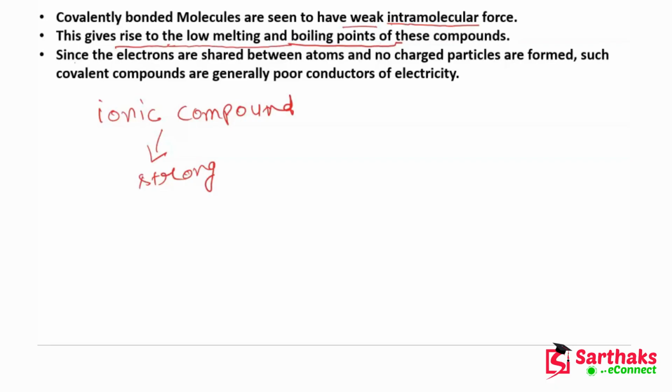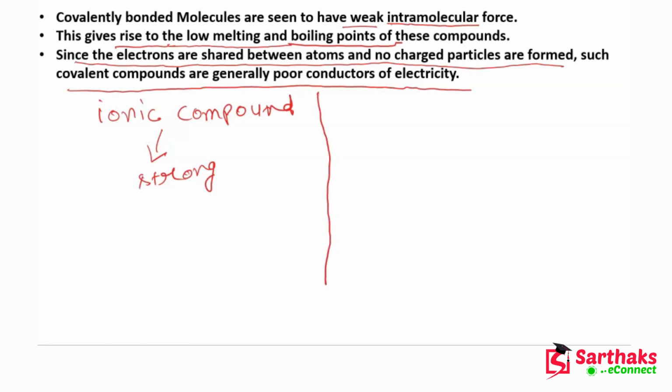Now guys, since the electrons are shared between atoms and no charged particles are formed, such covalent compounds are generally poor conductors of electricity. I told you many times that for conducting electricity, what is responsible?